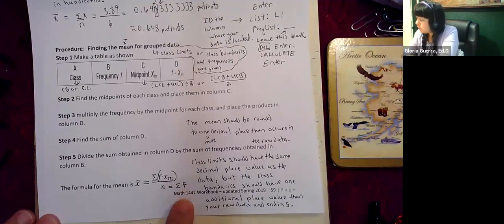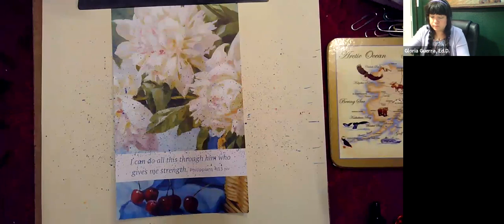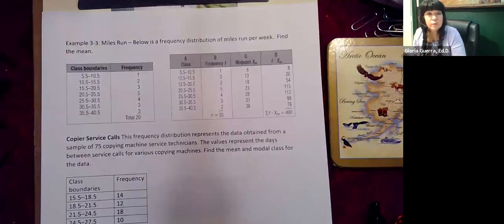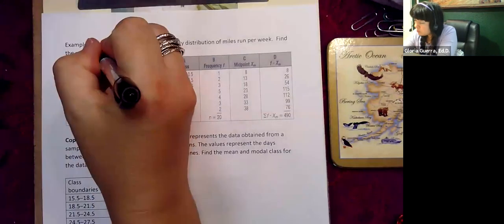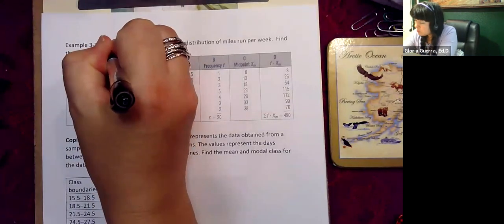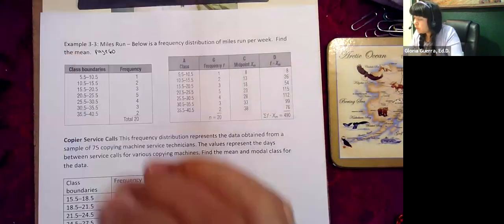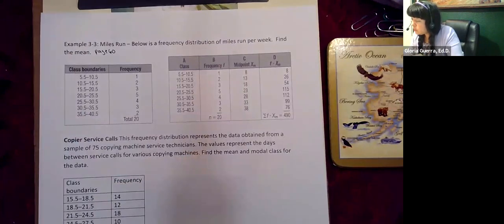Okay, so if we go to page 60, see this problem here on page 60? So example 3-3, miles run.